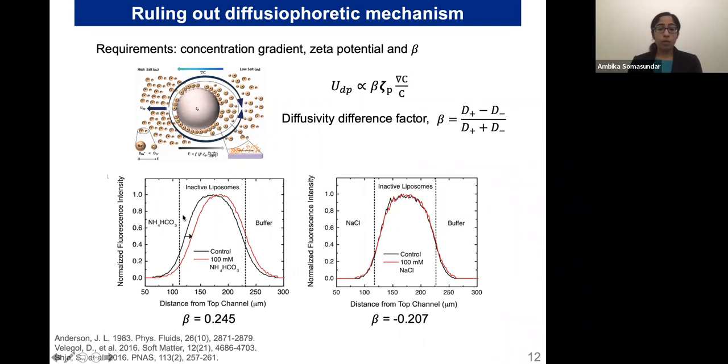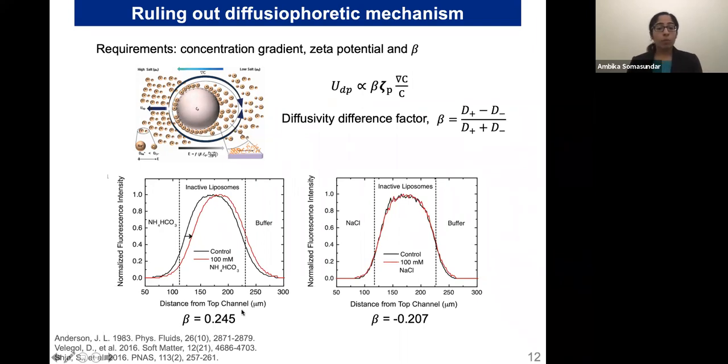Here we used two salts, ammonium carbonate and sodium chloride. Due to the difference in diffusivities between the anions and the cations, the electric fields that are formed are opposite to each other. So to rule out diffusiophoresis, we tested the motion of lipid vesicles in gradients of oppositely electric field causing salts.